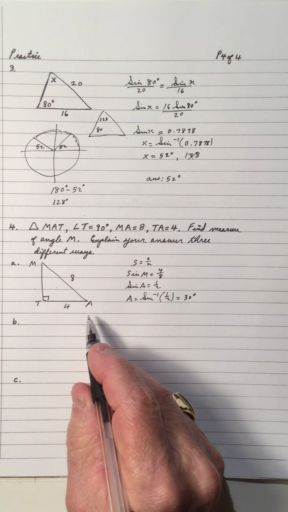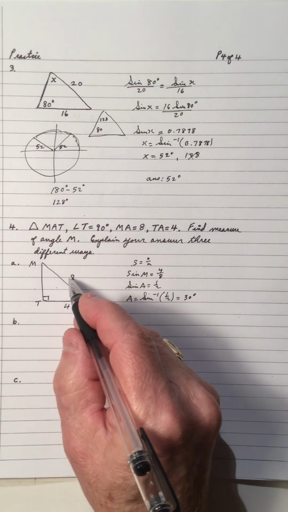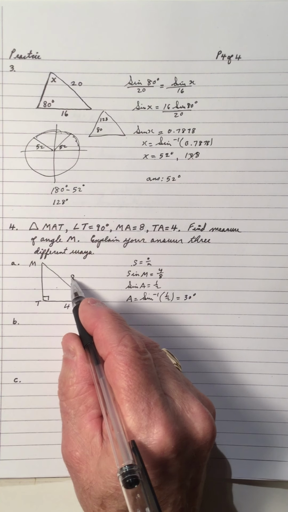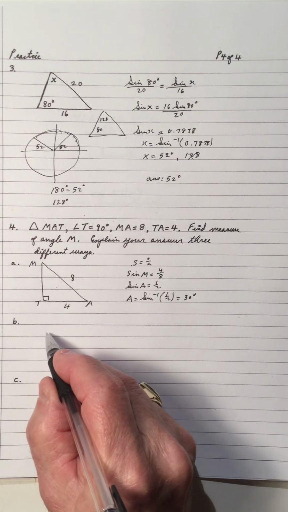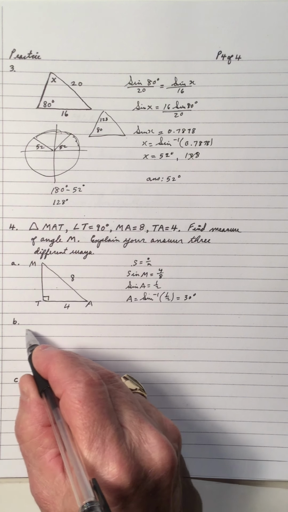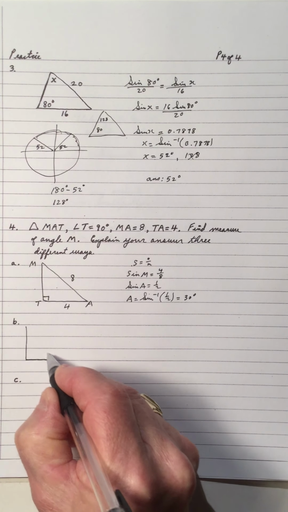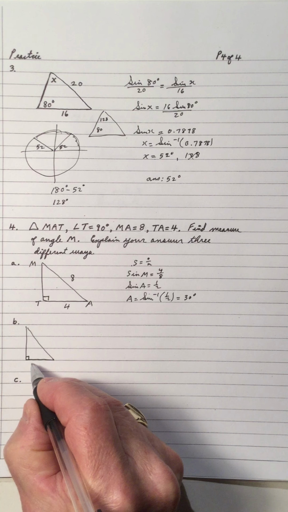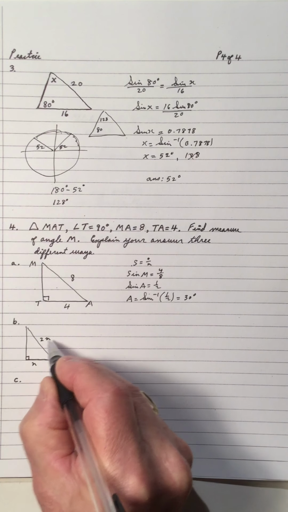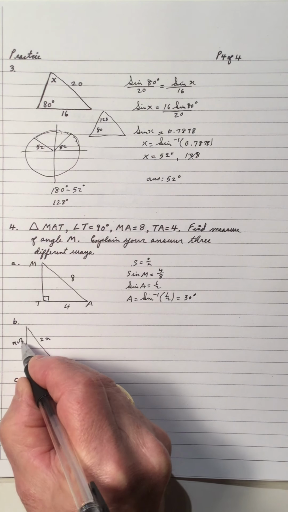But also, if we look at the triangle, we have an 8 and a 4. Hypotenuse is twice that. So it's also a special triangle, if you think about it. We have n, 2n, and n root 3.